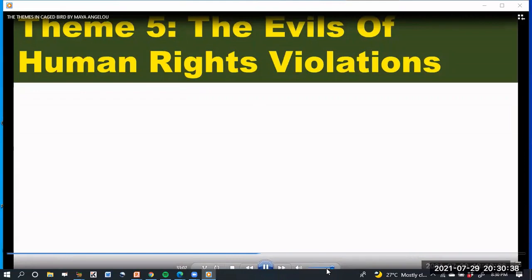And here we have theme number 5, the evils of human rights violations. There are rights available to the citizens of every country, and these are enshrined in the constitution of that country. In every country, it is stipulated clearly in the constitution that the citizens of that country have certain rights that are their basic human rights.